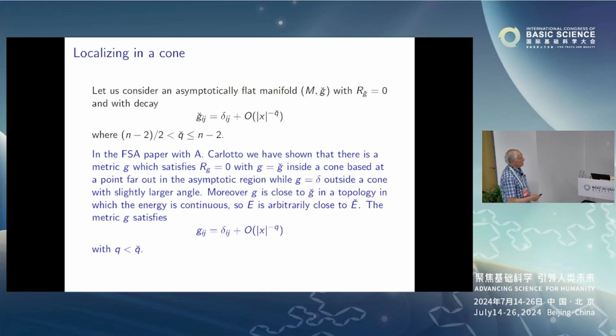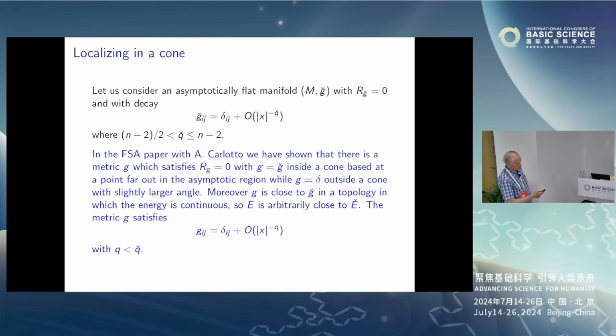So in the paper with Carlotto, we showed that there's a metric g with scalar curvature of g identically zero, and which agrees with g hat inside a cone based at a suitable point. I'll have a picture on the next slide. And which is exactly Euclidean outside a cone with slightly larger angle. And so moreover, the metric g is close to g check in a topology in which the energy is continuous.